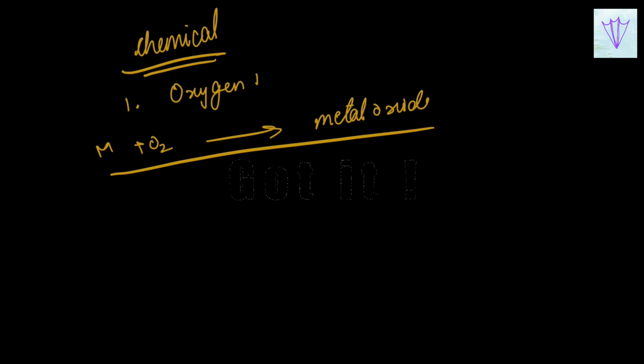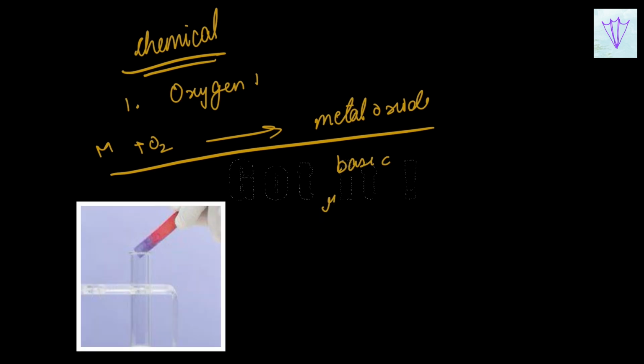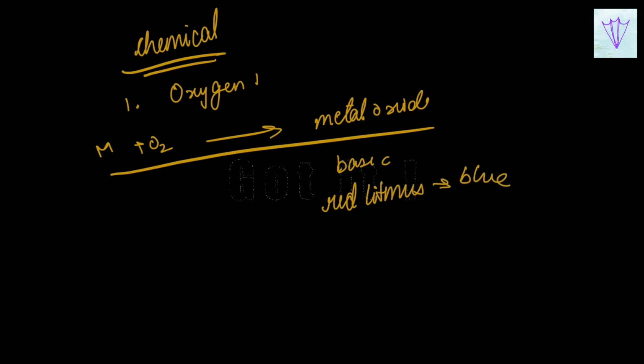Generally metal oxides are basic in nature, and they form bases or alkalis, that is, water-soluble bases, when they are mixed with water. An aqueous solution of metal oxides will turn red litmus blue, which indicates that they are basic in nature.